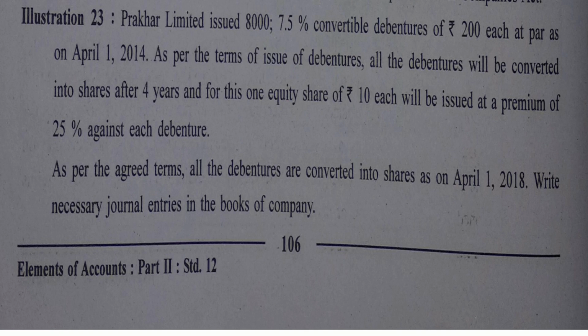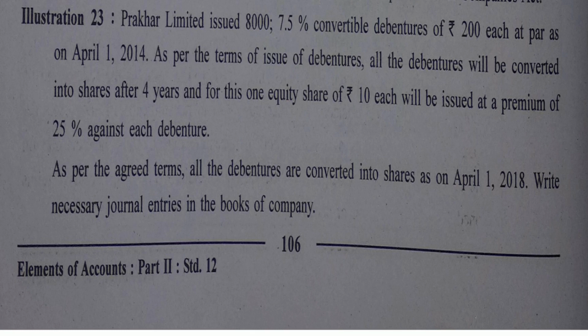Convertible debenture. And as per the terms of issue of debentures, the debentures will be converted into shares after 4 years. And for this, company will be giving one equity share of rupees 10 each at a premium of 25%. 25% is the amount of premium.